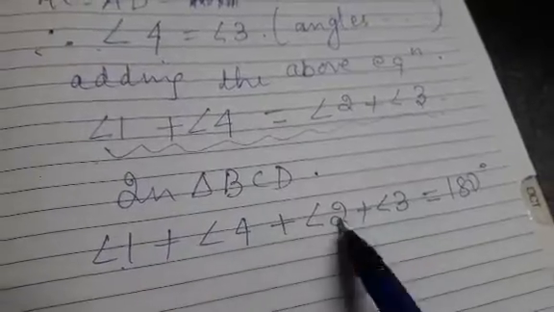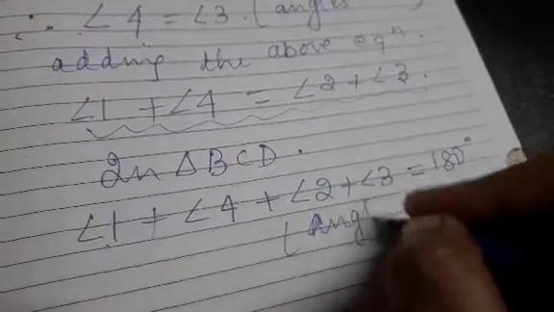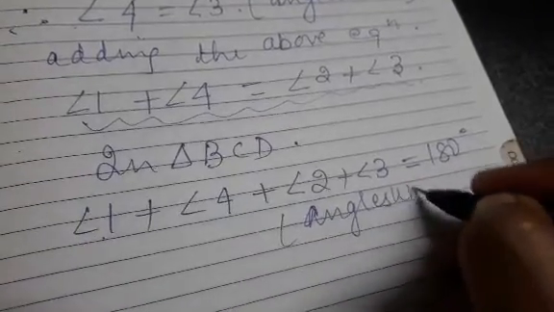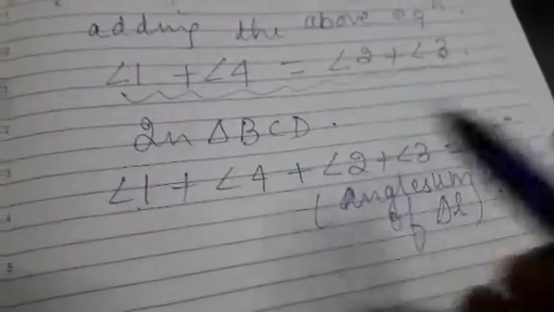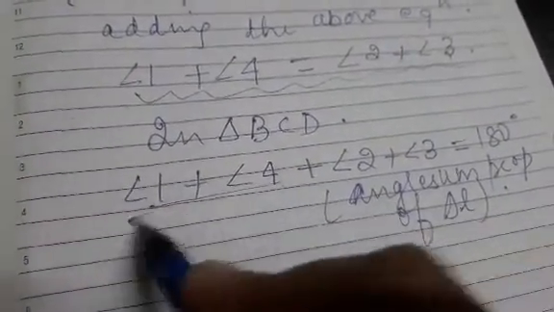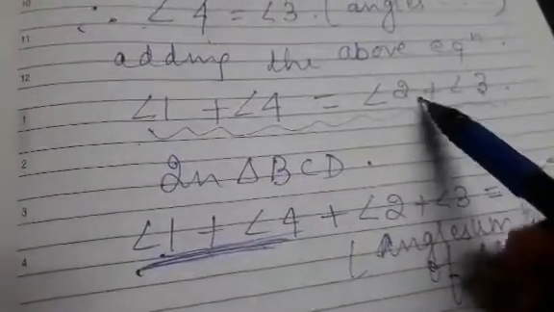Now check here. Angle 1 plus 4 plus 2 plus 3 is equal to 180 degrees. Which property is this? Angle sum property of a triangle. Sum of the three angles in a triangle is always 180. Now 1 plus 4, if I want to substitute for 1 plus 4, I can write 2 plus 3.